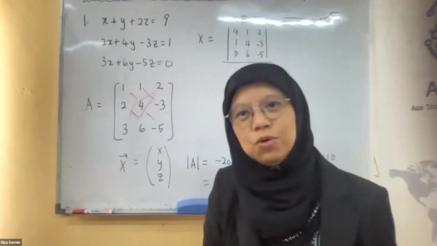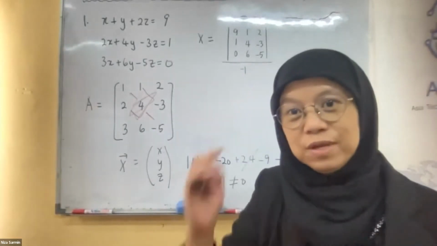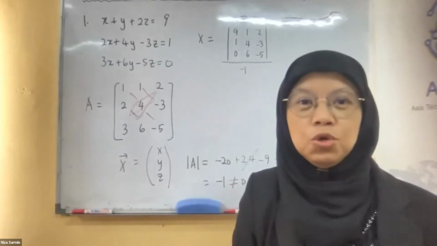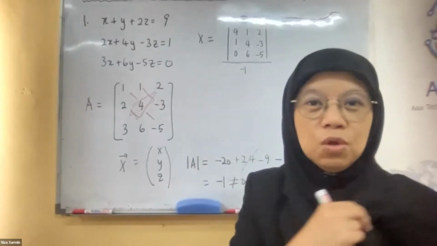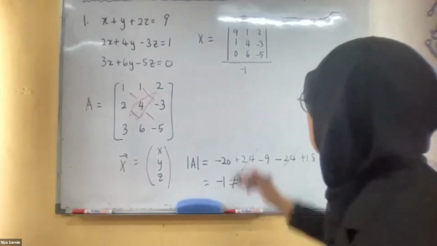I know now you can use a calculator to find the determinant, but at least show me how you do it. Maybe you can just add 2 columns, and you get the answer.